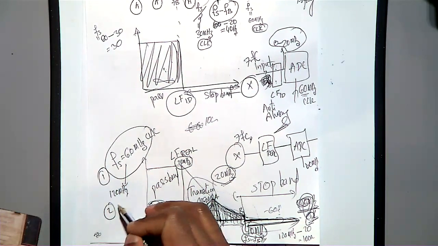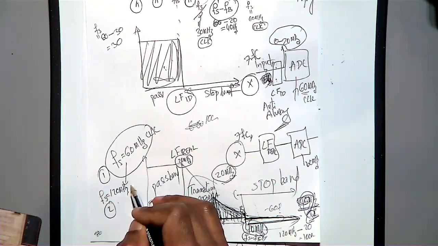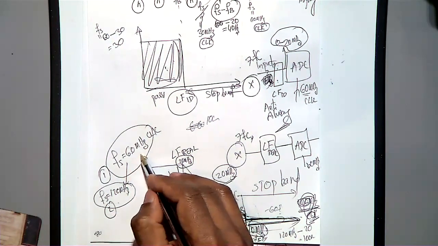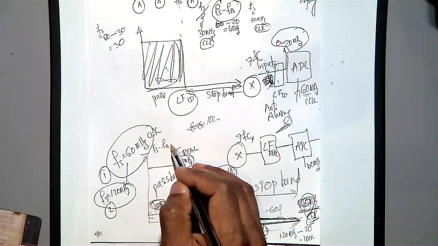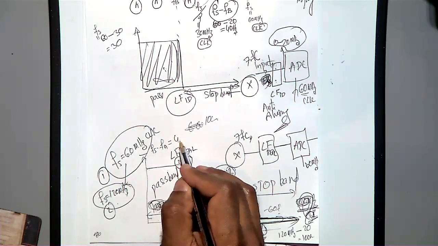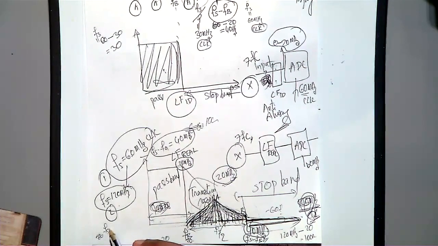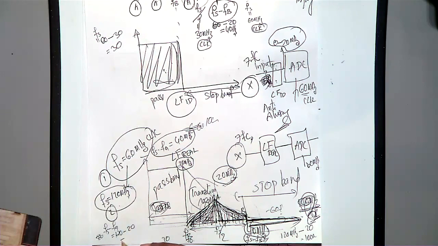So option number 2. When you are using a sampling frequency of 120 megahertz, here Fs minus Fa is equal to 120 minus 20, which is equal to 100 megahertz.